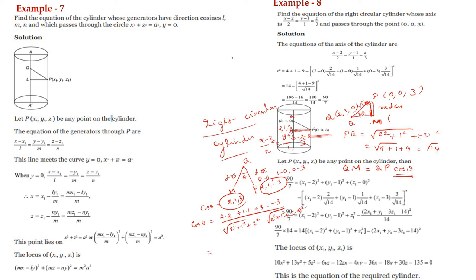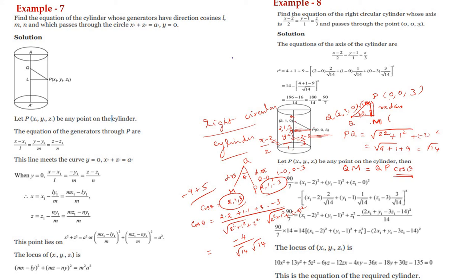So this gives us 4 plus 1, 5, minus 9, that is minus 9 plus 5. That gives us minus 4 by square root of 14 into 14. So this is what cos theta is.